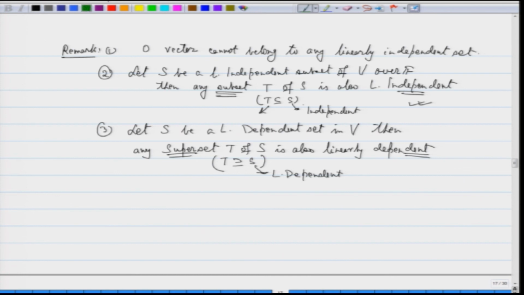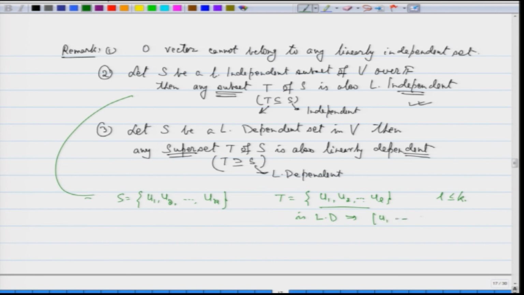so let us look at the idea here. I have S which is U1, U2, UK. Suppose T is say U1, U2, UL, and L is less than or equal to K. There are some collections. This is linearly dependent will imply that this matrix U1 to UL times alpha 1, alpha 2, alpha L equal to 0 has a non-trivial solution, fine.